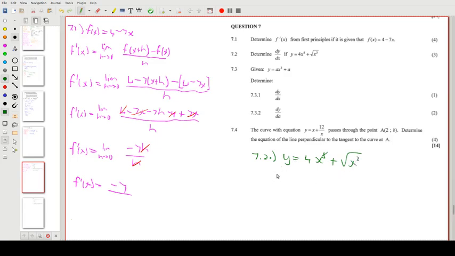And now before we find dy dx, I'm going to rewrite y in a more suitable manner. So 4x to the power 8, that's perfect. But this part we're going to rewrite in exponential form instead of having a surd. We're going to say that is equal to x to the power inside over outside, 3 over 2.